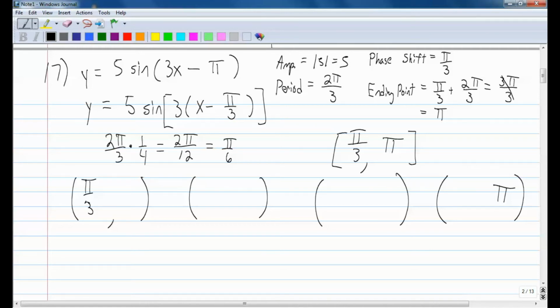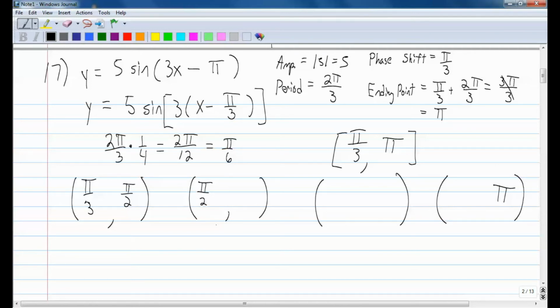So if you need to get a common denominator, do all that with your fractions. Pi over 6 plus pi over 3 is going to give you pi over 2. And so we start the next subinterval with the last significant point, add pi over 6 to that, get a common denominator of 6.